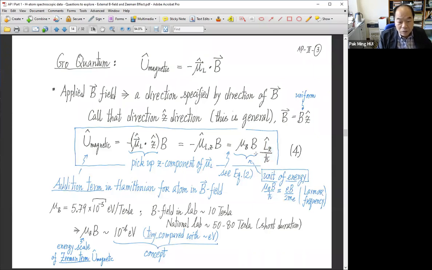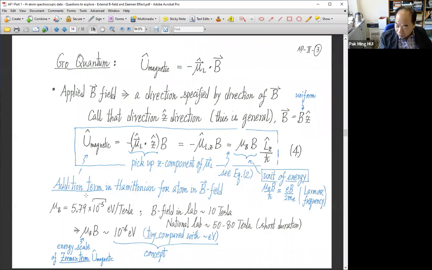Okay, so after we plug in the form for the magnetic dipole moment, we get this energy being mu B constants, the field we applied, and we pick up the Z component of the orbital angular momentum. Why is that? It doesn't matter. We apply a field, and then we define that direction to be Z. That's completely general, and thereby we pick up the Z component. Okay, so we are done.